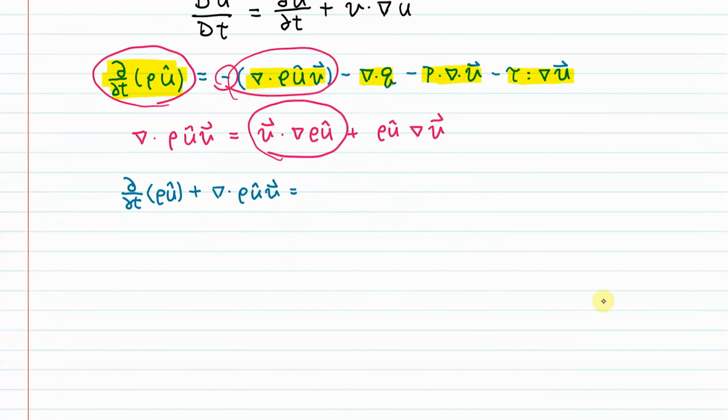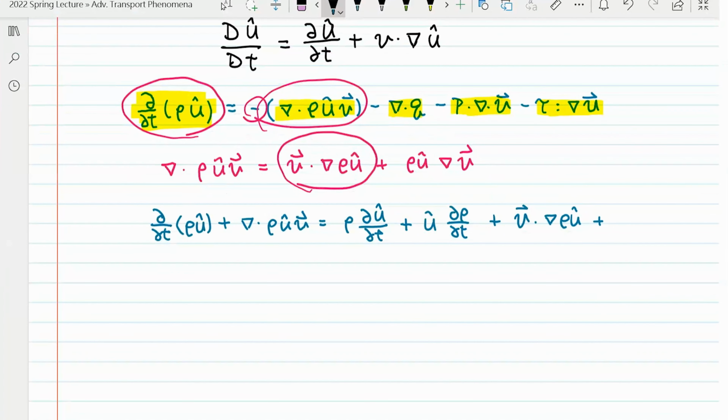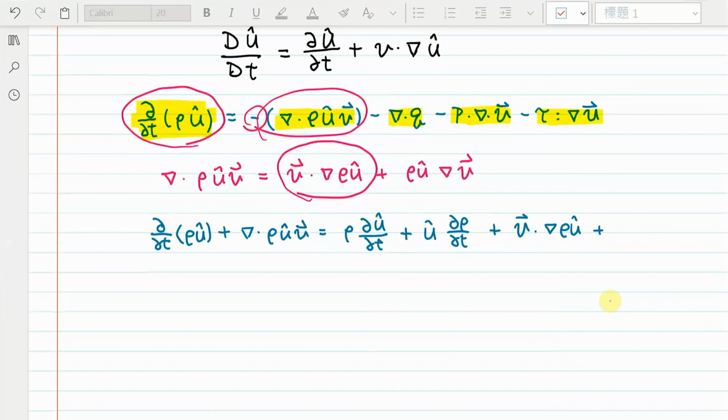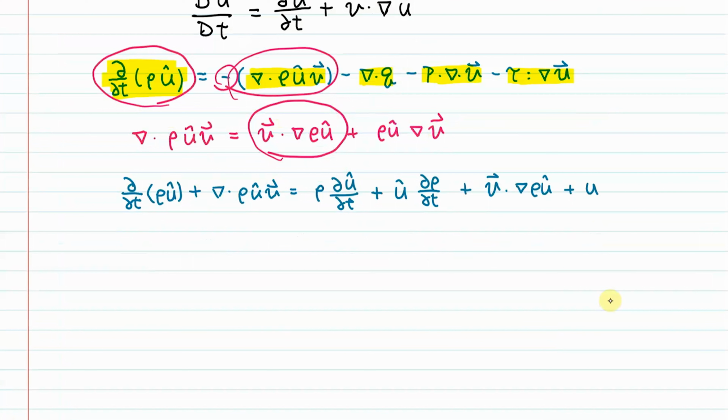We need to do the derivative of each term adequately. First, on the left hand side, for the partial derivative, this equals rho partial u partial t plus u partial rho partial t, plus v dot gradient rho u, and plus u gradient rho v.